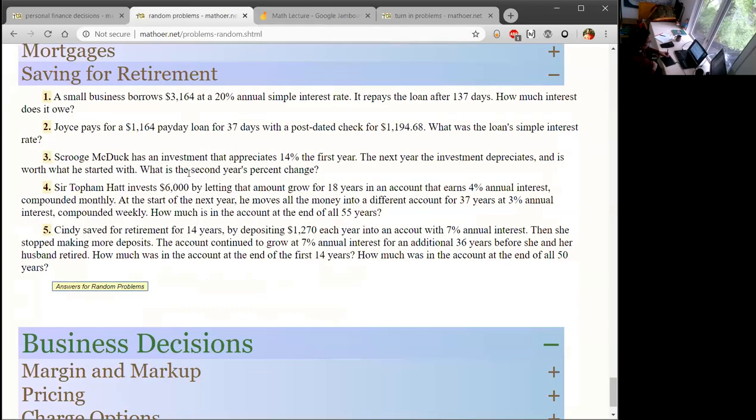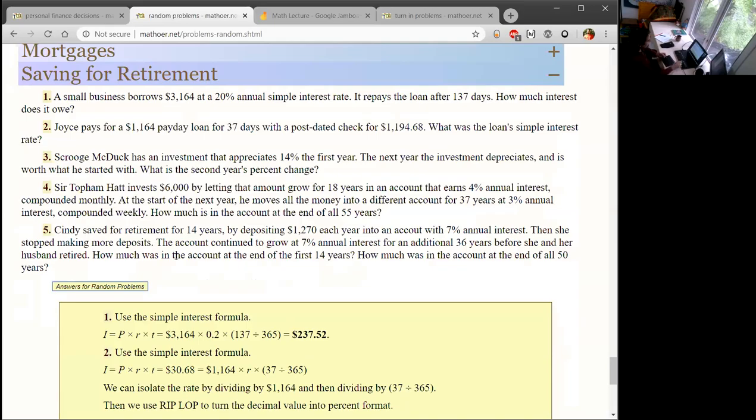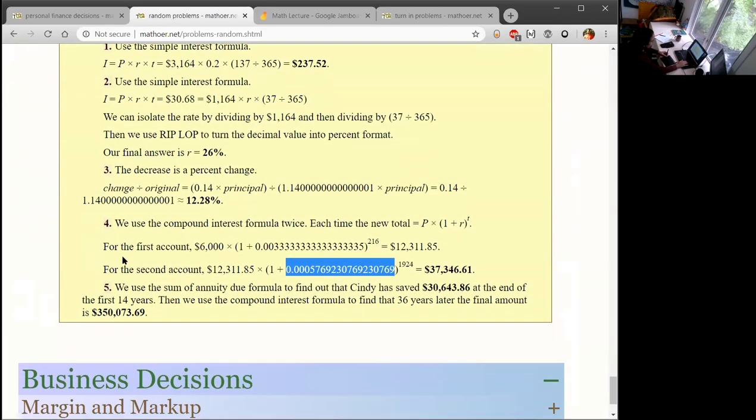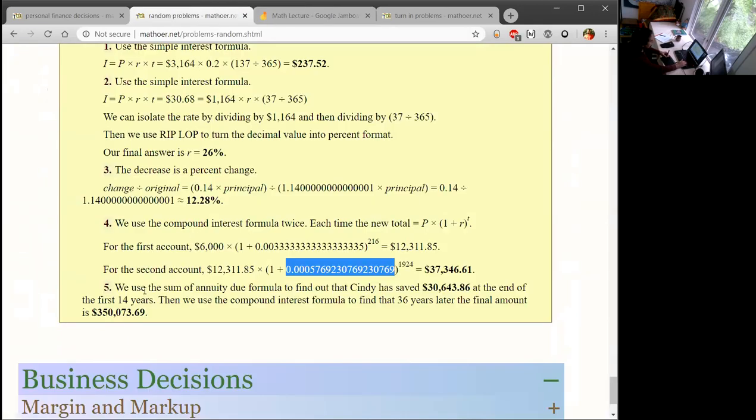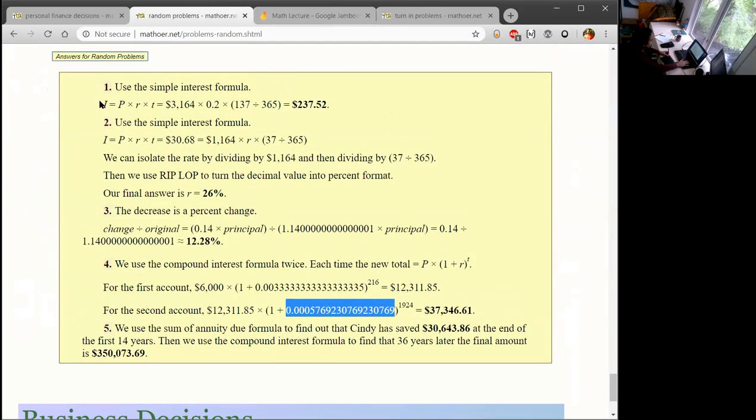Okay, let's look at how it appears here. So first it says we use the sum of annuity due formula, but it doesn't actually write it out. It just gives you the answer. And then we use the compound interest formula and get that thing. So not as helpful an answer, but at least you can check your work.